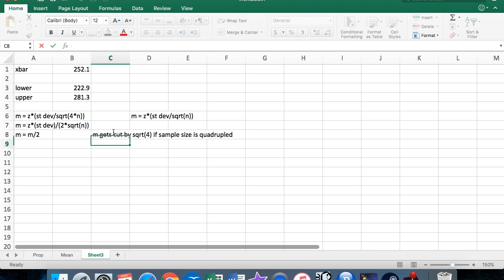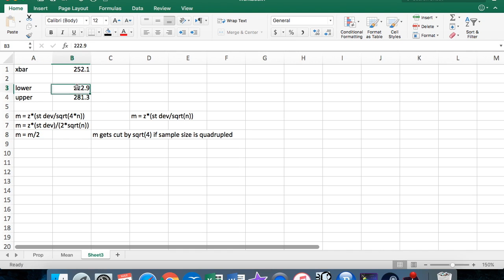Does that make sense? So all you have to do, if you multiply your sample size, like you take 9 times as many individuals for your sample size, it'll be the square root of 9. That's how much it'll be divided by.